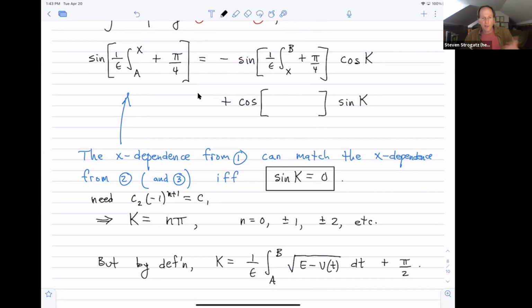I won't go into that. You can check that that's the condition you need on the constants. But the main thing is you need this sine of K to be 0 in order to get the x dependence to agree, so that the oscillations are the same, whether you've tunneled through from the left or the right.